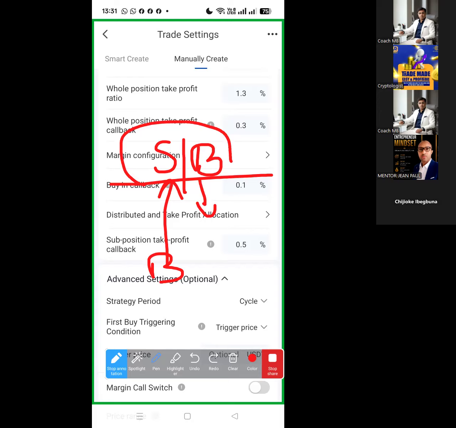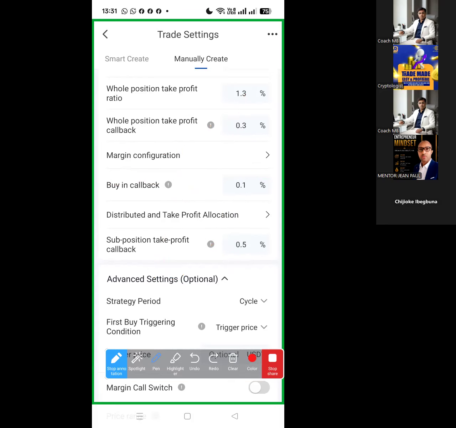You want to wait for the price to come lower, buy at the lower price, and again give you a profit at a higher price. So how can you do that if you are not available at the market all day and all night? How can you do it on auto mode?